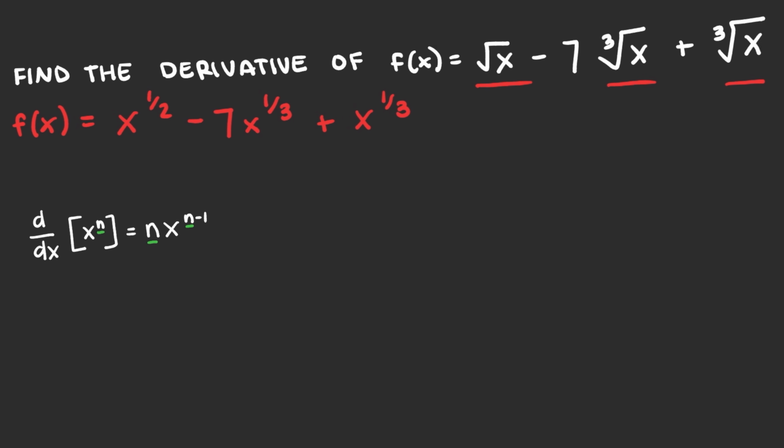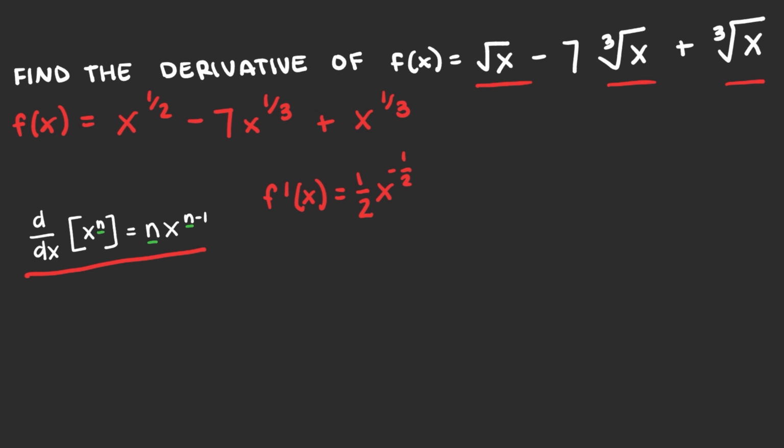Make sure you're rewriting it in the correct way. Okay, so for the next step, we've turned all of our roots into exponents, and now that we have exponents, we can go ahead and take the derivative using our original formula for the power rule, which is d/dx of x to the nth power equals n times x to the nth power minus 1. So if we apply that to the first term, we're going to get f prime of x equals 1/2 x, and then 1/2 minus 1 would give us negative 1/2.